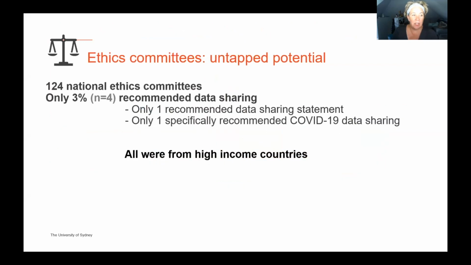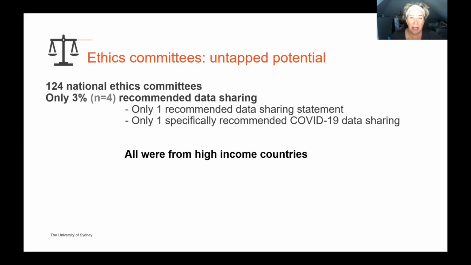And when we got to the national ethics committees, we looked at 124 from different countries around the world, and only 3% of the national ethics committees recommended data sharing. One provided a recommended data sharing statement to be included in the research that it approved, and one specifically recommended sharing COVID-19 data.